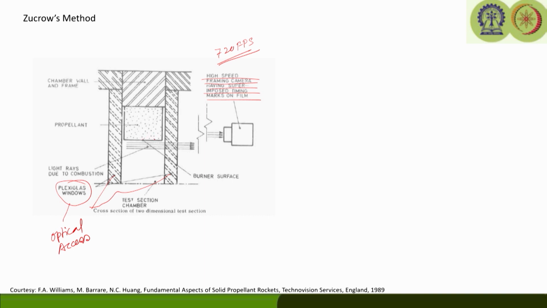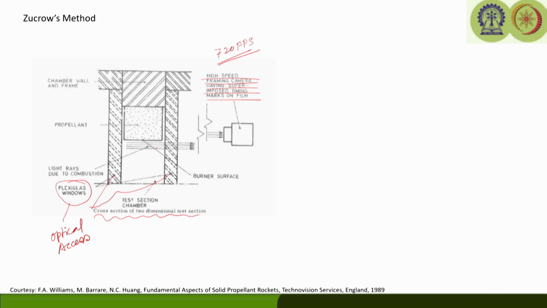So, that synchronization also has to be done. What it is doing is allowing us to photograph how the regression of the sample is taking place. So, this is another method by which the erosive burning is determined. This is Jucro's method.